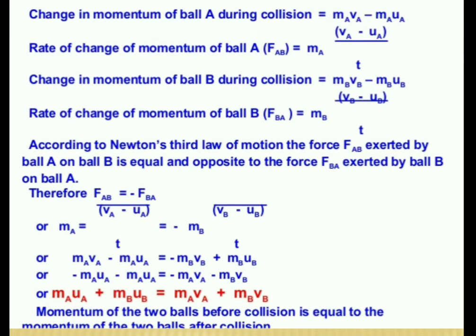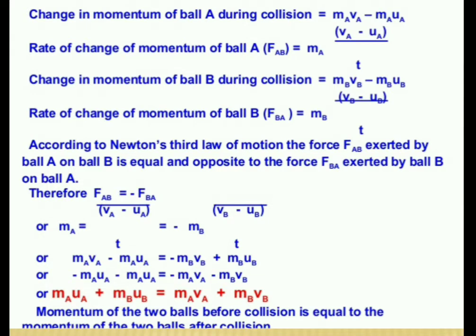Which one is the common factor here? You can take it out. So the rate of change of momentum of ball A, FAB, is equal to MA, the common factor, taken out, and in the bracket you write VA minus UA divided by T. This is the rate of change of momentum of ball A.